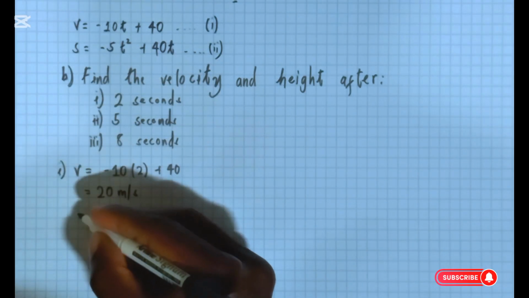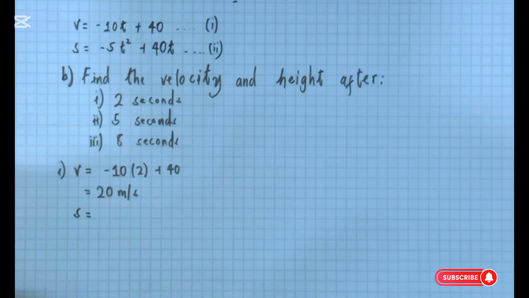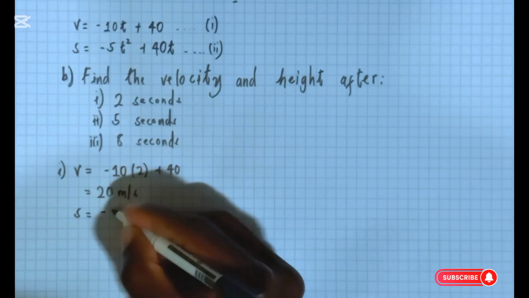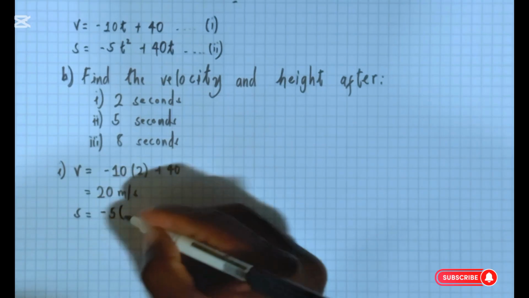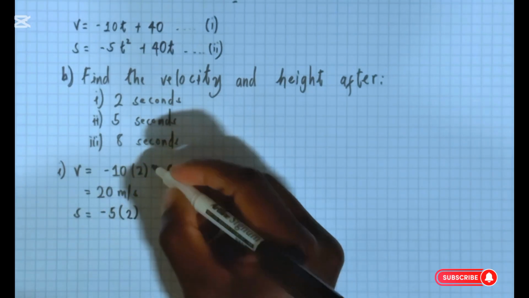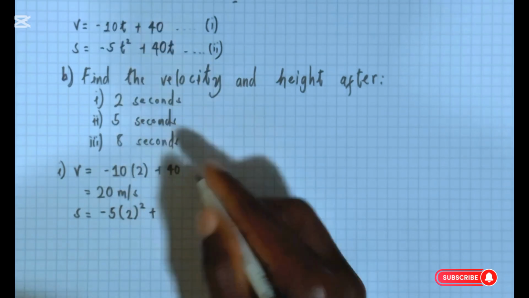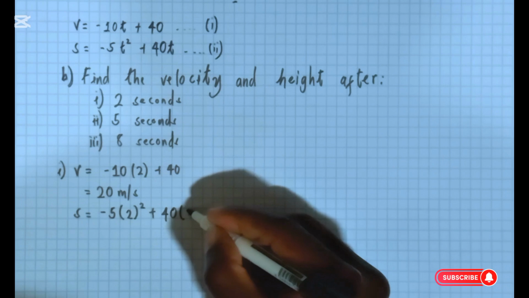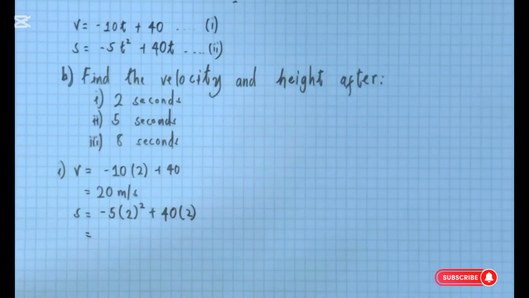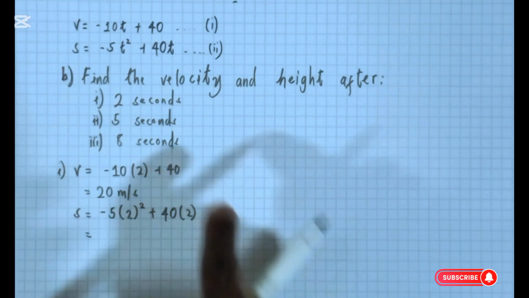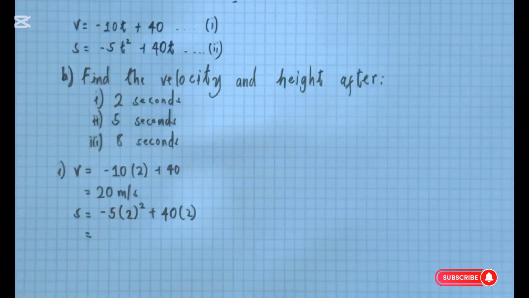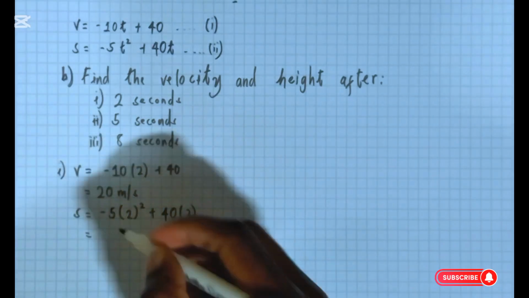And the displacement at that particular time will be given by -5 into 2 squared, because our t value is 2, plus 40 into 2. So our height s at 2 seconds will be -5 into 2 squared plus 40 into 2, which is 60 meters.